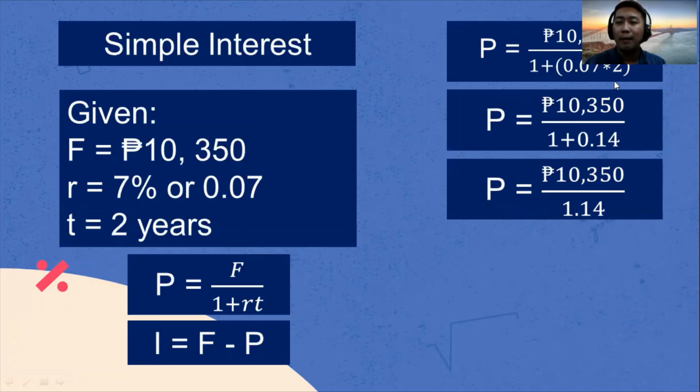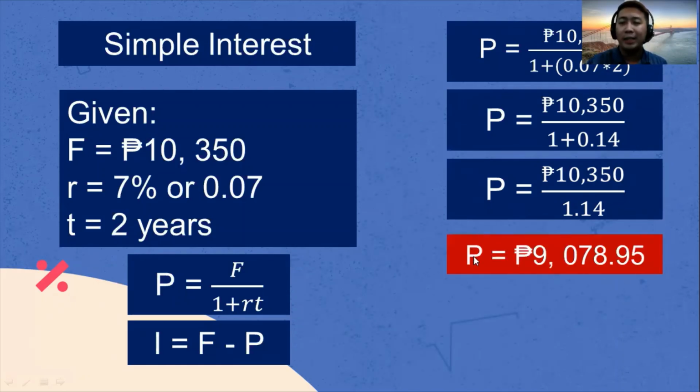Again, multiply first, 0.07 multiplied by 2, that is 0.14. Then add it on 1, that is 1 plus 0.14, that is 1.14. Then divide 10,350 pesos by 1.14. The answer is 9,078.95. This is the principal amount.